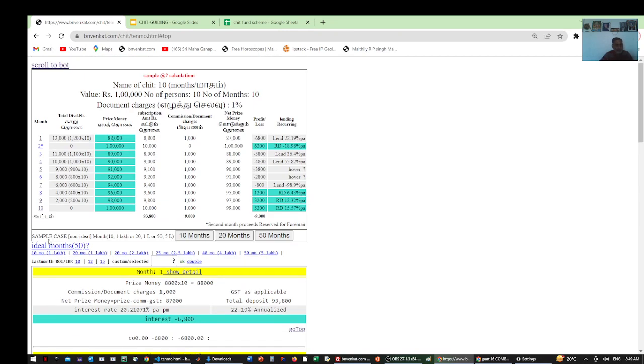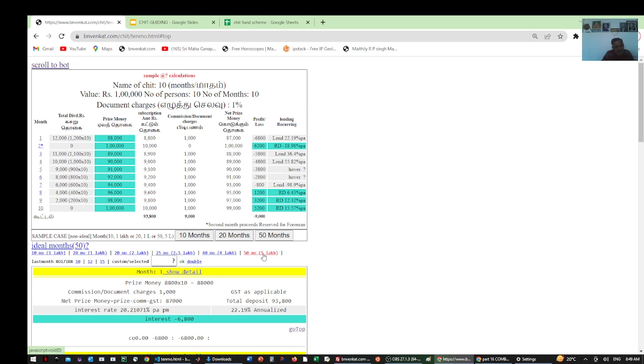Loading it here. This is the software web page, and it has the menu and let us get the table also. There is a link for ideal months 50. Either you can click here or click here at 51, 5 lakh rupees. Voila. You can click this.